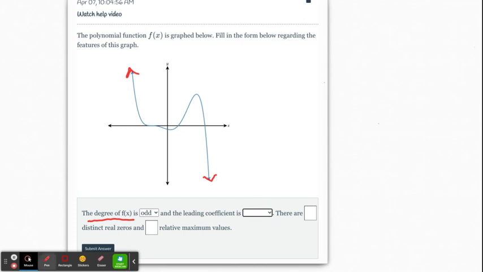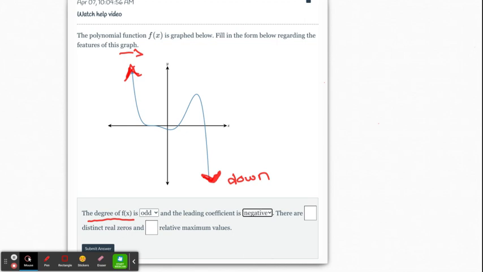So what you have to do is look at the graph. You always read a graph from left to right. See how when x is going to infinity, the y is pointing down. So that means the leading coefficient is negative.